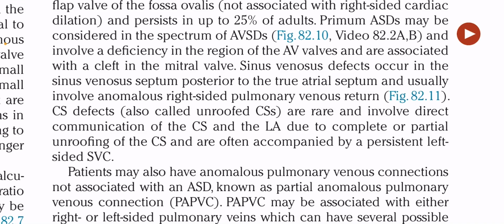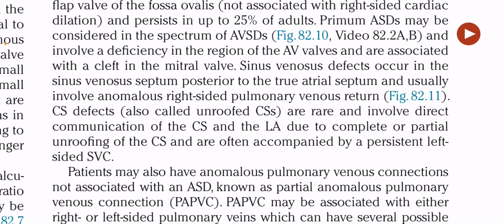Primum ASDs may be considered in the spectrum of atrioventricular septal defects and involve a deficiency in the region of the atrioventricular valves and are associated with a cleft in the mitral valve. Sinus venosus defects occur in the sinus venosus septum posterior to the true atrial septum and usually involve anomalous right-sided pulmonary venous return.